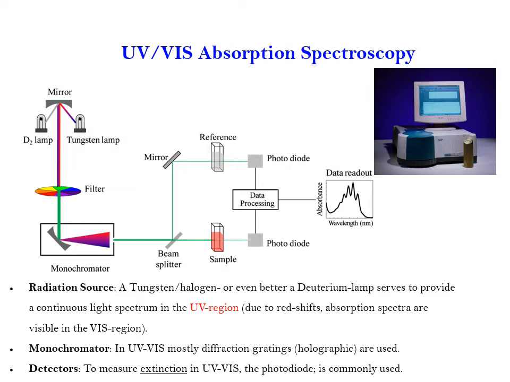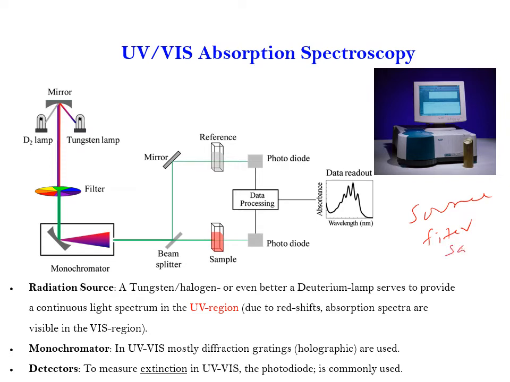So spectroscopy is based on the interaction of light with matter. So we need a light source, we need a matter or a sample that interacts with that light. So the UV visible absorption spectroscopy mainly contains a light source, filters, different kinds of filters that select a specific frequency, or a set of mirrors.